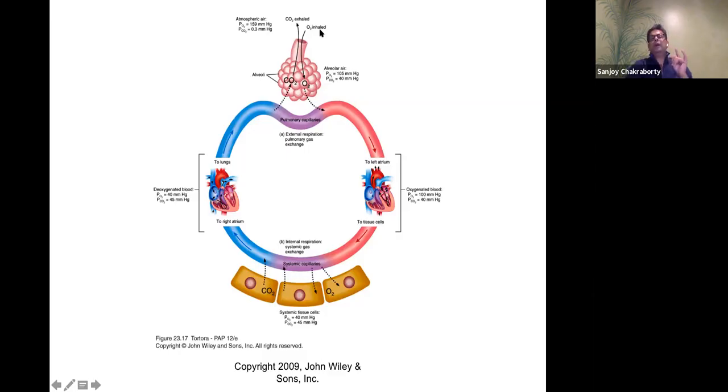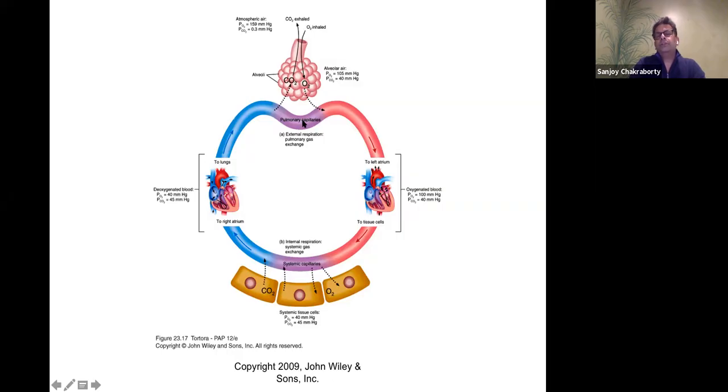So one more time, outside the air pressure is 760, but the oxygen pressure is 159. That 159 drops down to 105, or 100, in the alveoli. Now, why is this important? When scientists measured the oxygen coming from the lung to the pulmonary trunk to the pulmonary capillaries, the oxygen pressure is approximately 40 millimeters of mercury.